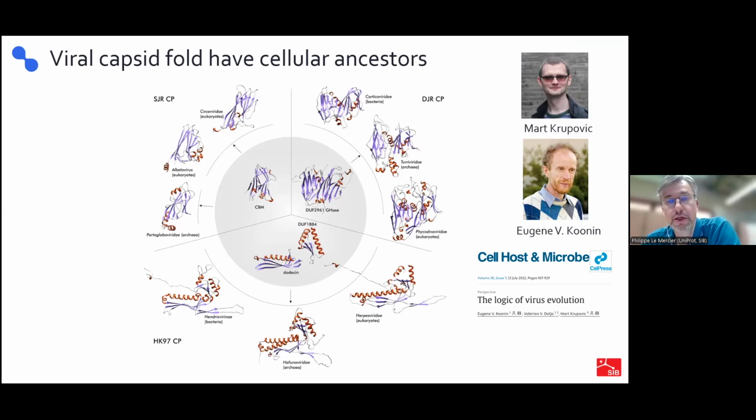There are cellular origins. The double jelly rolls also have cellular origins, so they are not made one from the other, but viruses tend in history to pick up different genes, usually enzymes from the cell, and modify them to create their capsid. And here you have the capsid presumably made by herpes and phages, which is HK97, which also presumably originated from cells.